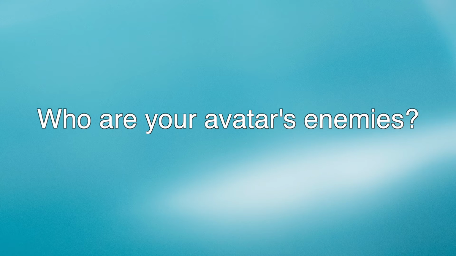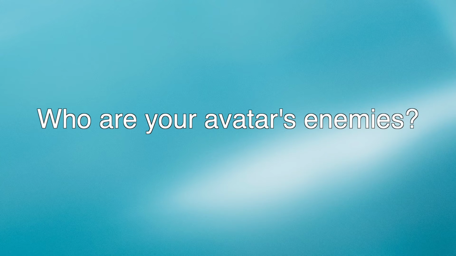If they hate people, then that would be perfect to put in there. But these are people that your clients won't necessarily feel have their best interest in mind, or that they want to avoid. So if you're teaching somebody to lose weight, you might say their enemies would be dietitians or personal trainers. People that are not what your client would ideally want to work with.